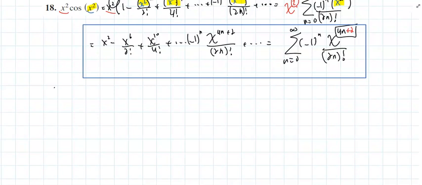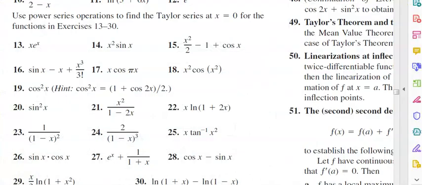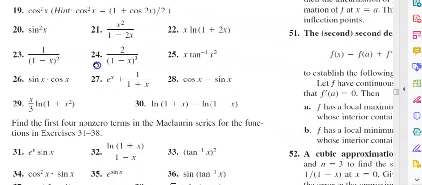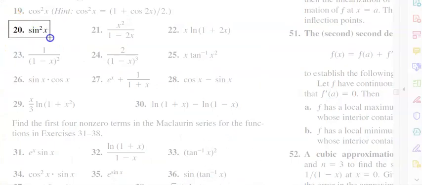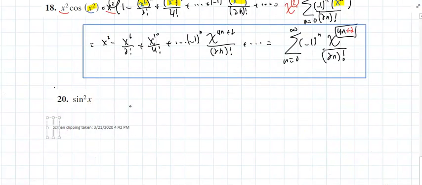So now I'd like to look at another problem, and let me look at 20. Multiplying sine times sine is hectic. And can we see why?